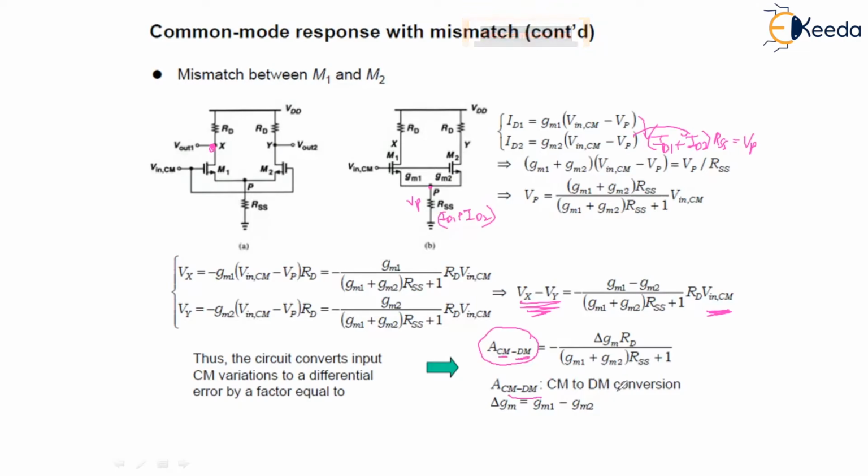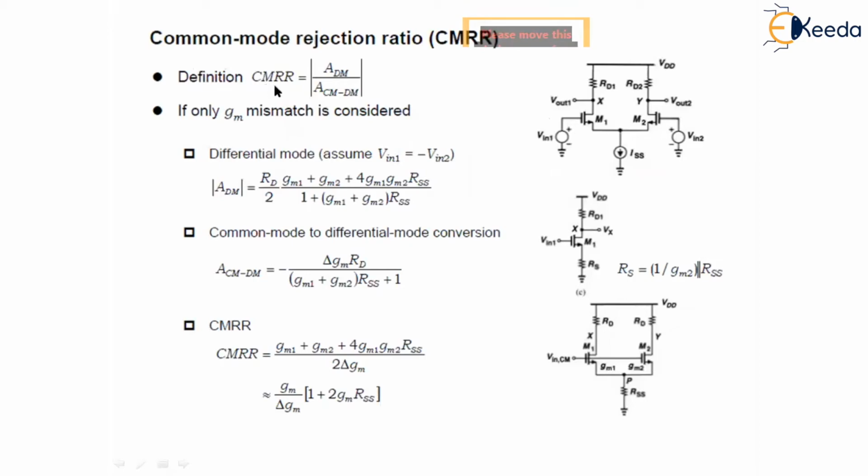For a meaningful comparison of differential circuits, we can normalize the undesirable component which is produced by CM variation to the wanted differential output which results from the amplification. So we define the common mode rejection ratio as the desired gain ADM upon ACM-DM.